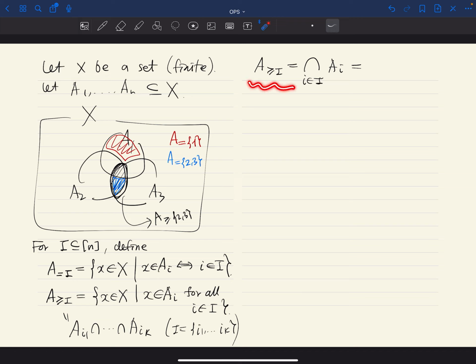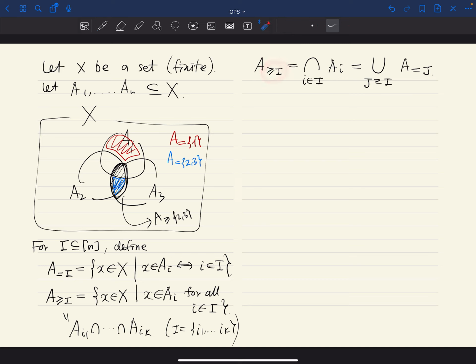So this is the set of all elements having properties at least I. But if you want to express them as elements with exactly some properties, then we can also write this as the union over J containing I of A equal J. Is that right?